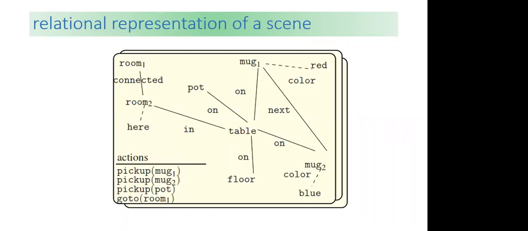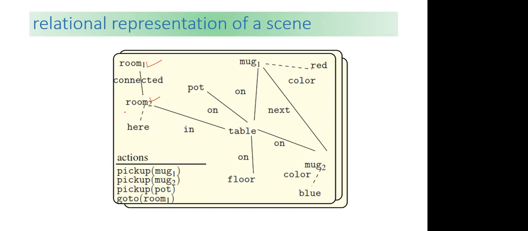Now we have a relational representation of a scene. Let us see: we have a room, and room 1 is connected to room 2.